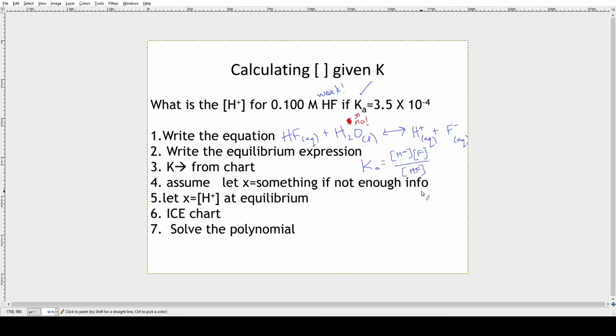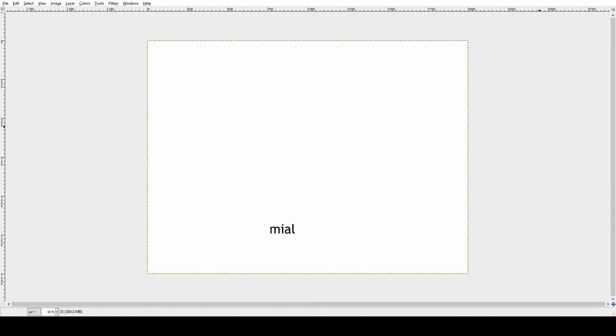Don't include it. We will have to let x equal something in this, and we're going to be solving a polynomial. We'll get there. So all we know is that our initial concentration of HF is 0.1 molar. That's it. That's the only thing they told us. So that's what we'll put. I will write out my formula.